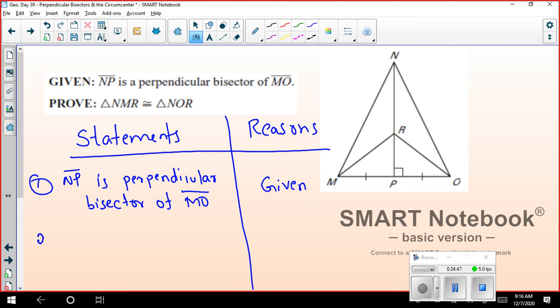Then the next step, I will write MP equals PO, or MP is congruent to PO.